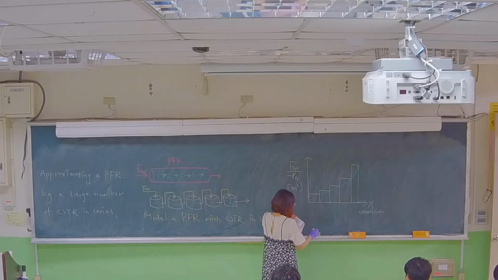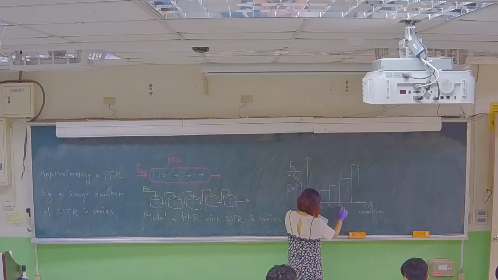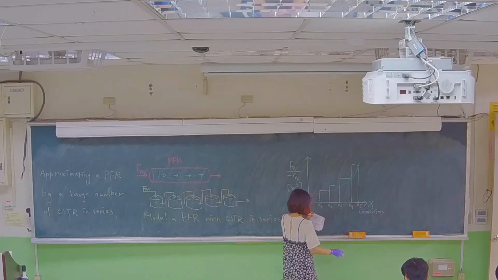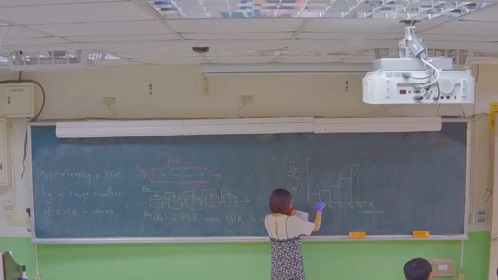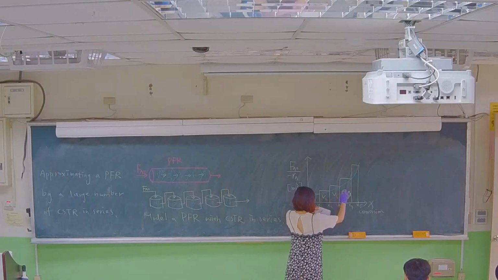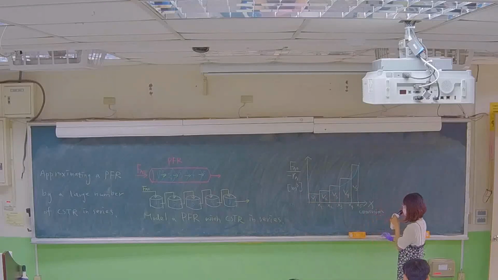This one is X1, X2, X3, X4, and X5. Then the rectangles in yellow, the areas are V1, V2, V3, V4, and V5.